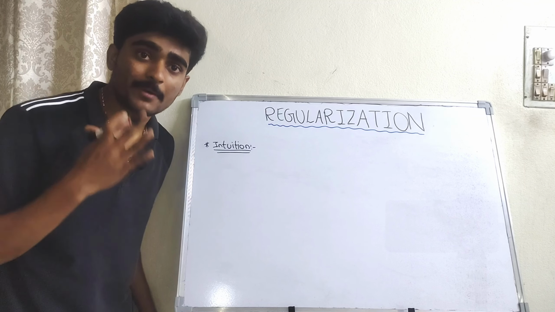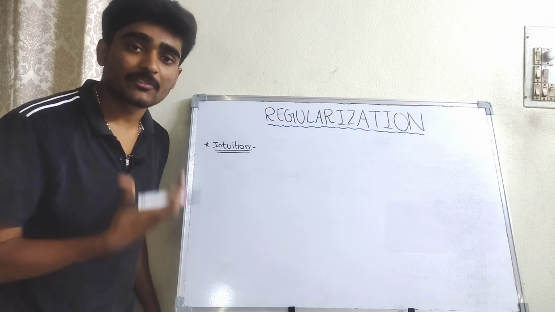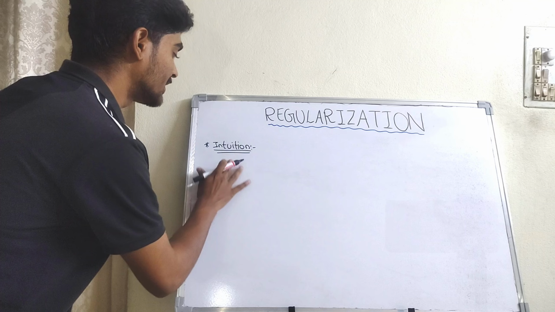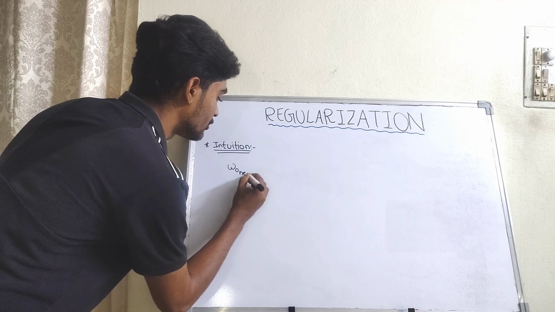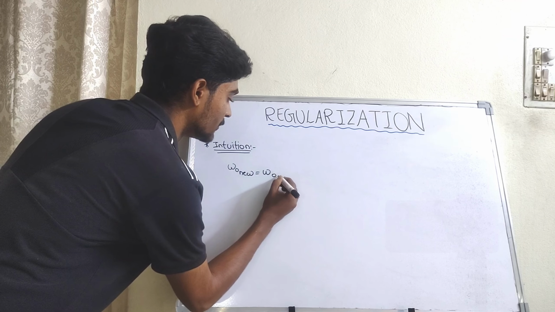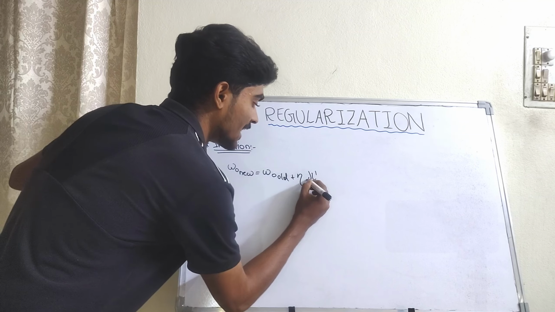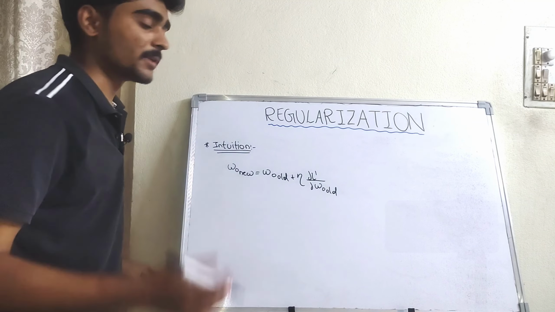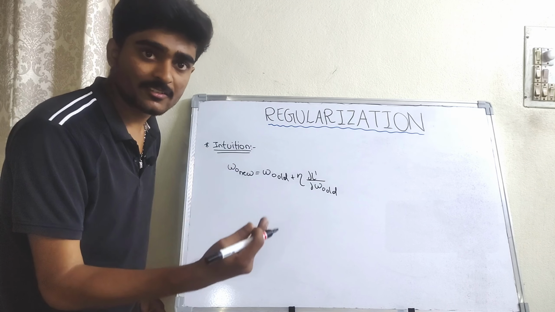Now let's see how by applying regularization my weight values are tending to 0. First let me consider my weight updation formula, that is W naught new is equal to W naught old plus learning rate dou L dash by dou W naught old. This is basically my weight updation formula for regularization.